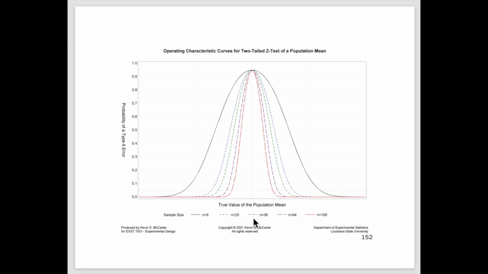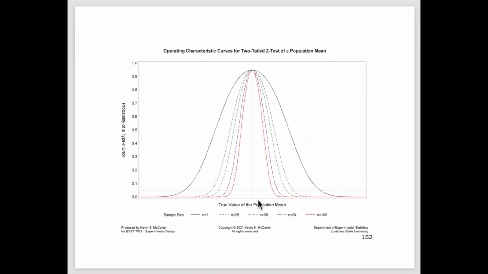The green curve corresponds to a sample size of 36. I guess the n equal to 25 curve was blue. The n equal to 64 curve is purple, and then the red curve corresponds to a sample size of 100.